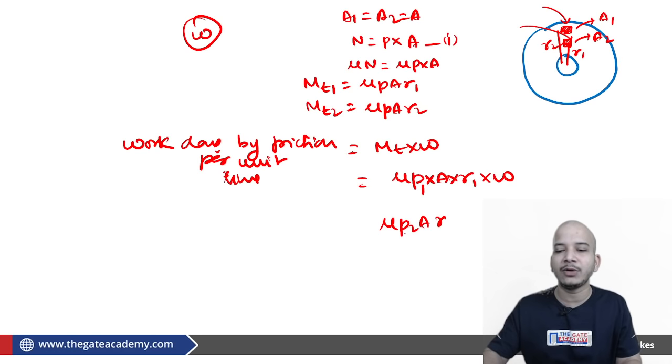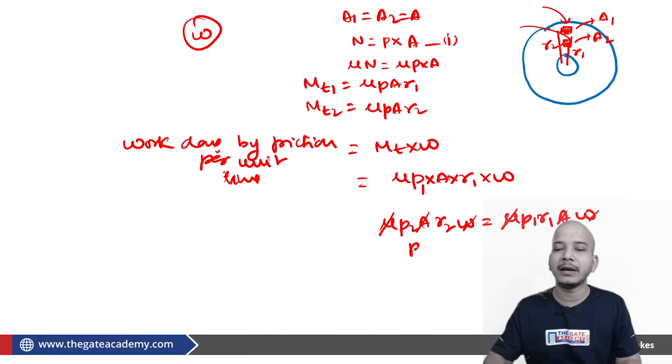So here you can say that mu into P2 into A into R2 into W will become equal to mu into P1 into R1 into A into W. On watching it carefully, you can cancel mu A W, and basically P1 R1 will become equal to P2 R2 when the wear rate is same.